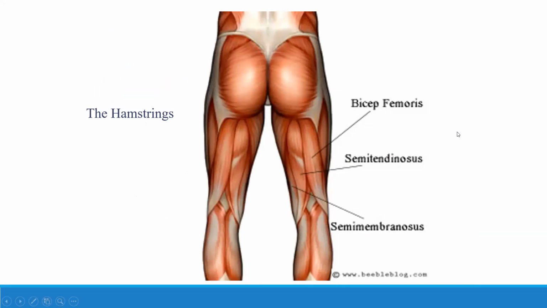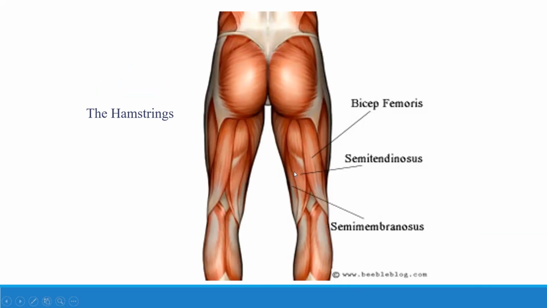We have the biceps femoris on the lateral side of the thigh. So the biceps femoris is over here on the lateral side, the little toe side down here. Then we have the semitendinosus and the semimembranosus stacked together on the medial side.